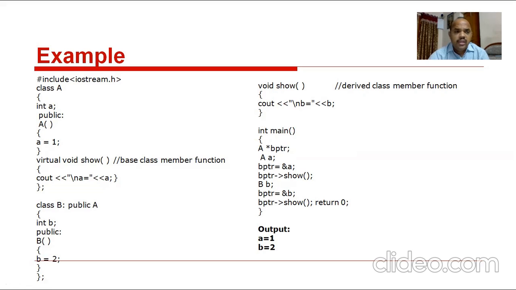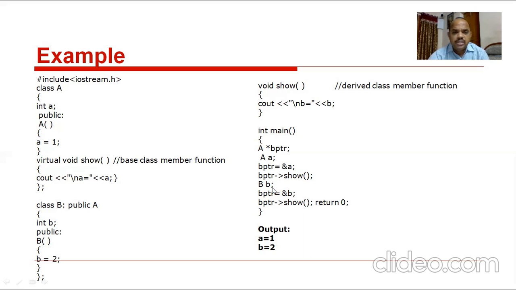The base class member function will be executed. Why? Here bptr is a base class pointer variable, so with the virtual function there is no confusion. It will show the base class member function, the show function.